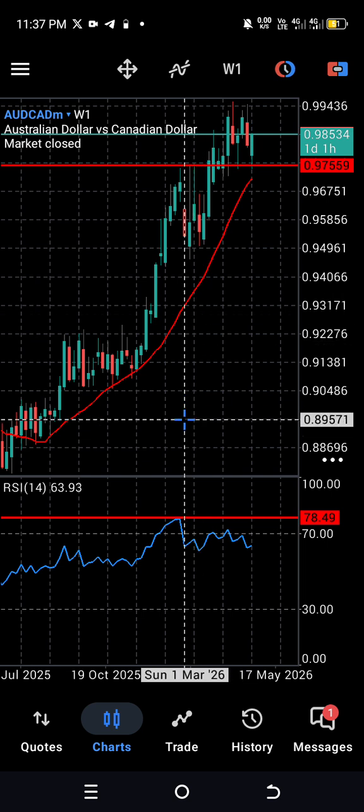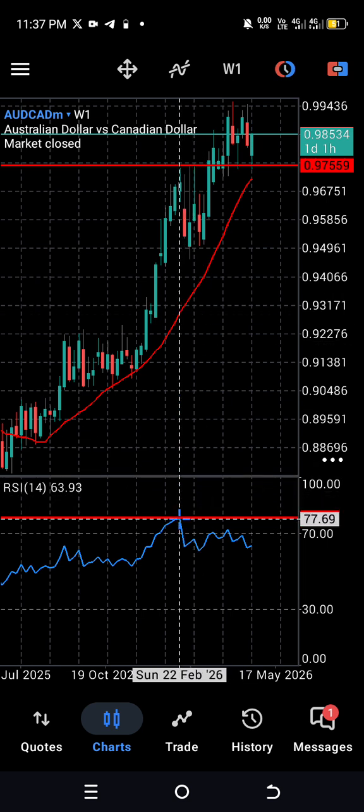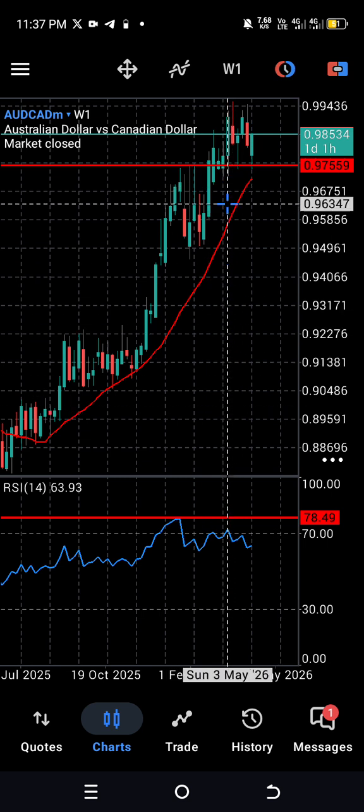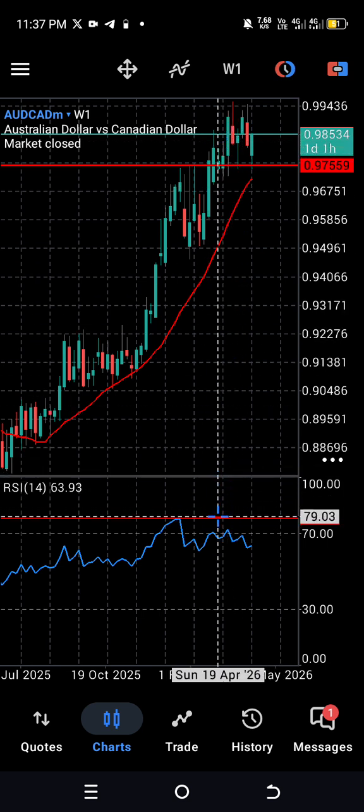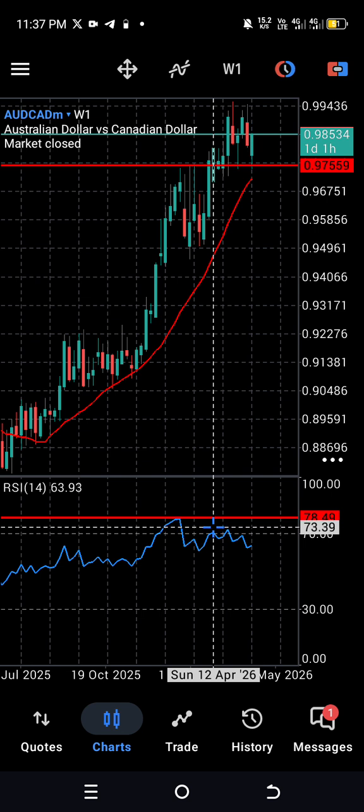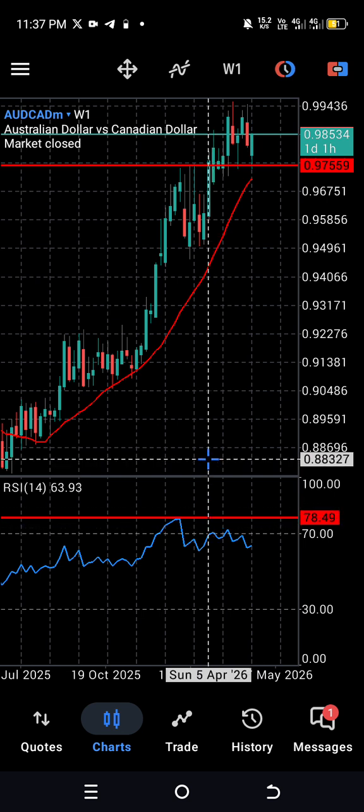But instead, when the price made a new high, the oscillator, which used to make a new high, instead started going down. Once there is a disagreement between the oscillator and the price, that is what we call divergence. They are divergent from each other.